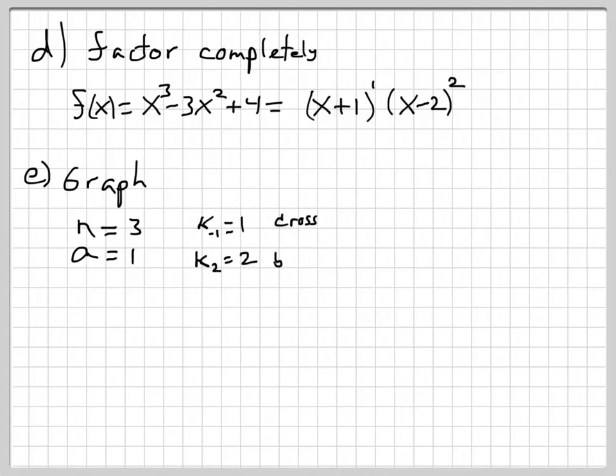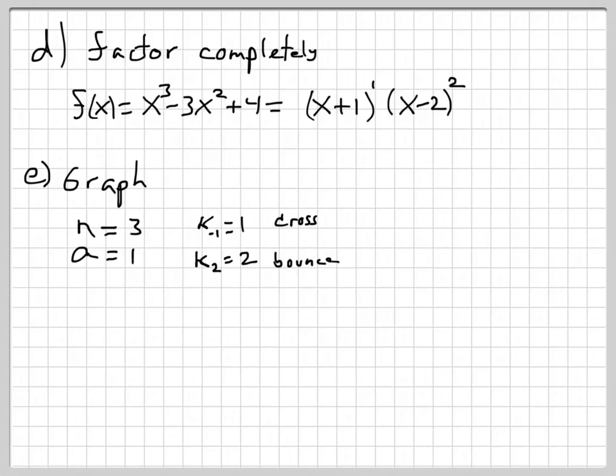Now the middle part, I have to find these k values. And for the k values, I'm going to have two k values, one at each intercept. So I have k at the x-intercept -1, and I have a k at the x-intercept of 2.